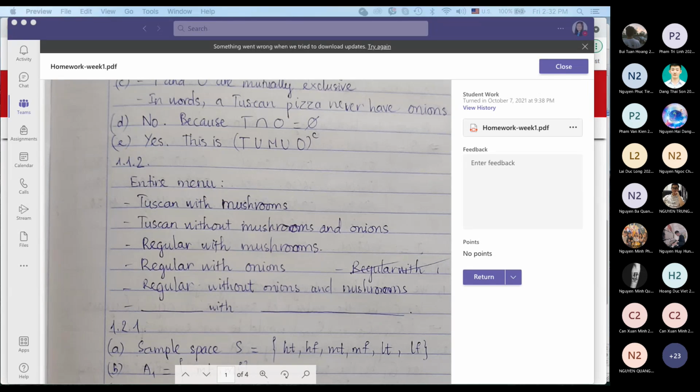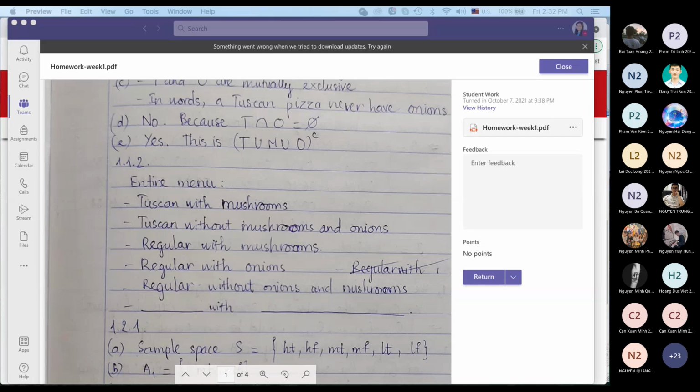You have the same: regular with onion, regular with mushroom, regular without onion and mushroom, regular with mushroom and onion.